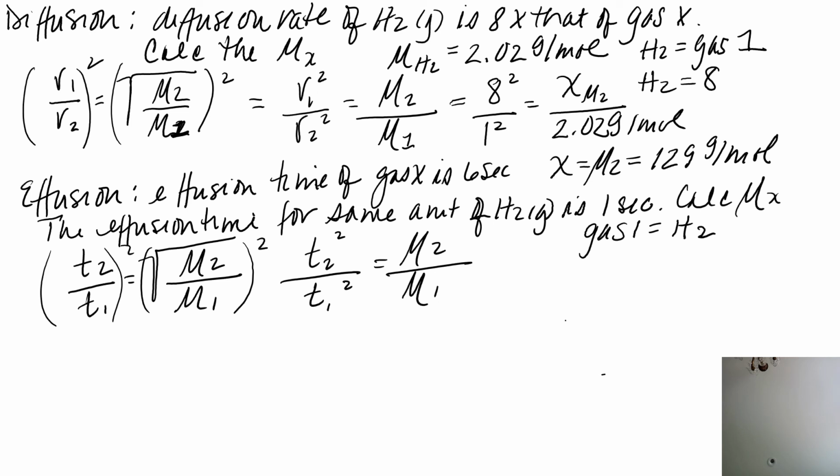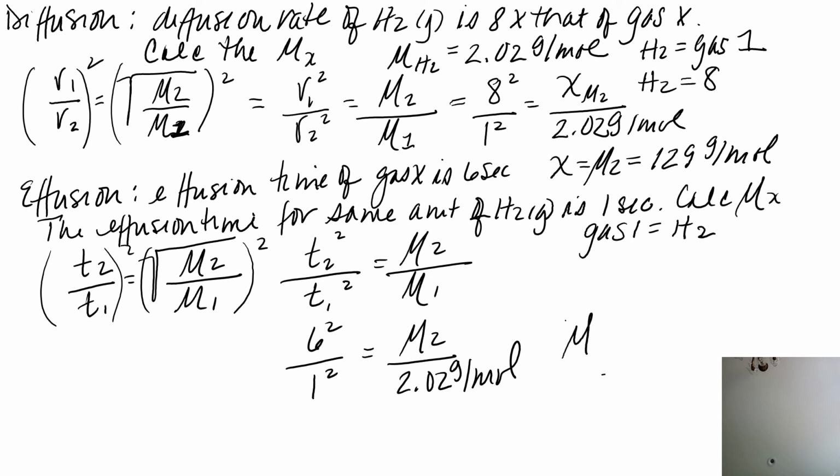So we have 6 squared over 1 squared equals molar mass of gas 2 over 2.02 grams per mole. And when we solve for molar mass of gas 2, we get 72.7 grams per mole.